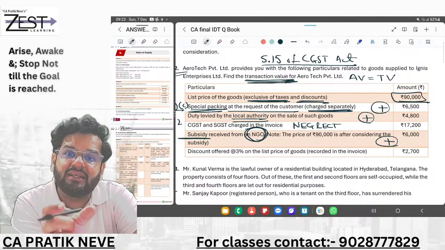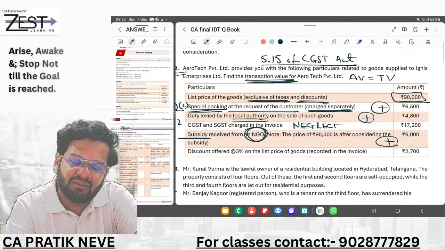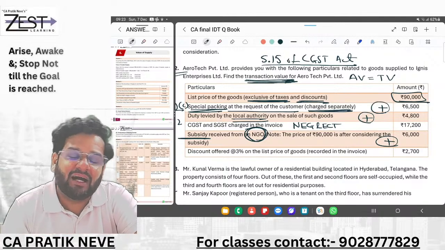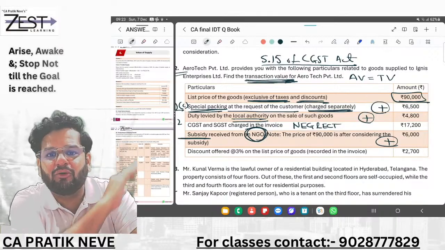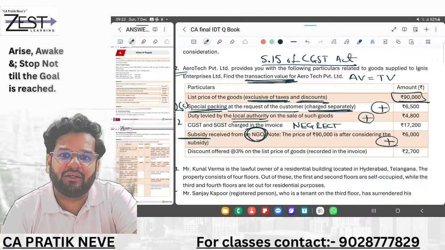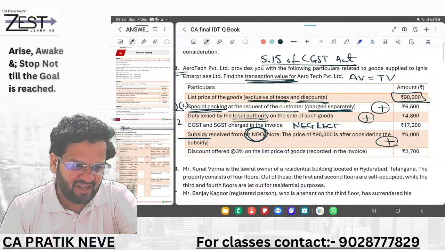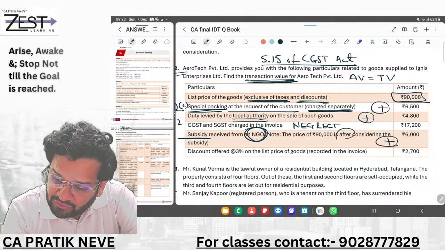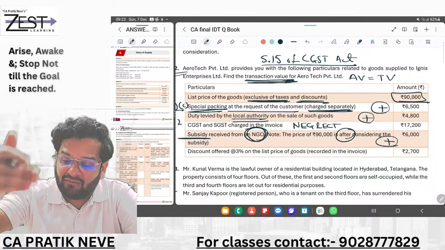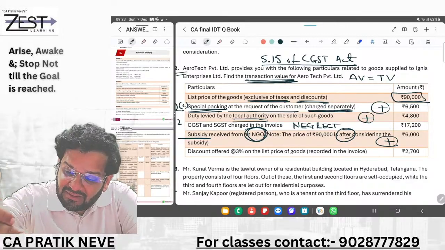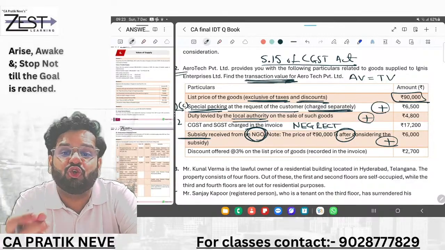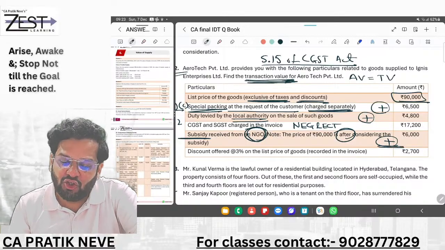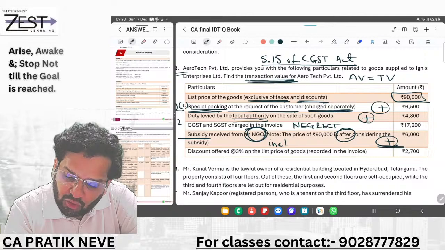Because any subsidies linked to the price of the goods should be included, other than central and state government. So central and state government should be excluded. And the given price is always after subsidy only. Means you have already deducted 6,000, but it should not have been deducted. So you will add it, because NGO subsidy should be included.